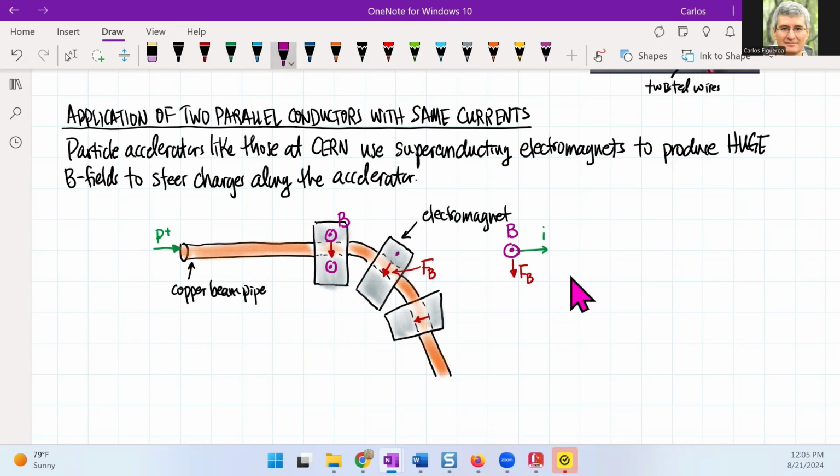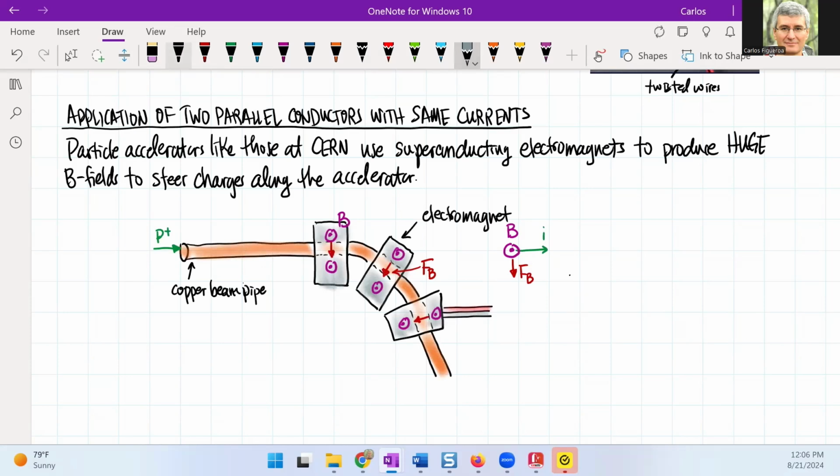Now, again, they all have magnetic fields that are super huge. And so what I want to look at here is one of these electromagnets. When I look at one of these electromagnets, you're going to see that there's cabling that comes in. And of course, we're being very, very careful.